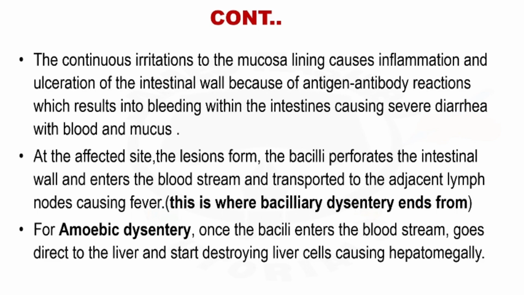So that's where the pathophysiology for amoebic dysentery ends as well, because the target of Entamoeba histolytica is the large intestines. After causing irritation and perforation, it gains access to the bloodstream, then targets the liver and starts destroying the liver cells, which causes hepatomegaly. That's why hepatomegaly is one of the complications of amoebic dysentery. So this is where the pathophysiology ends.